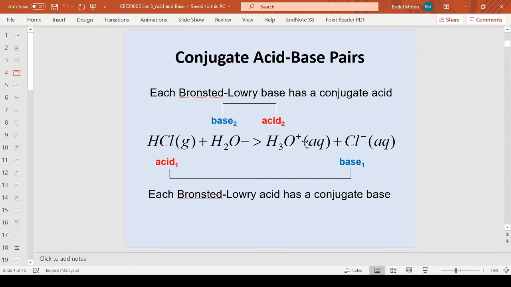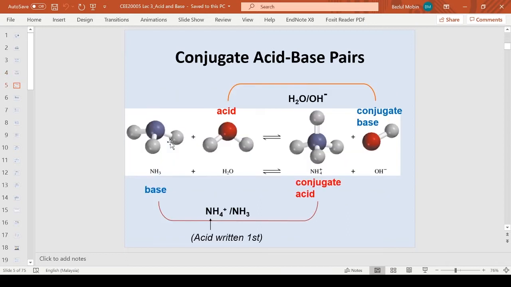So it is the conjugate acid of that water. So all acids, according to Bronsted-Lowry, have a conjugate base, and all bases have a conjugate acid, or produce a conjugate acid.